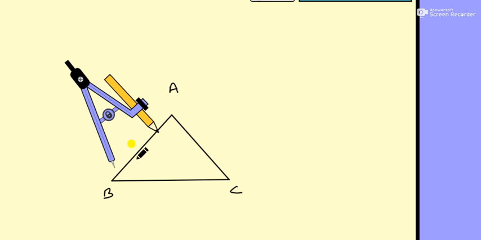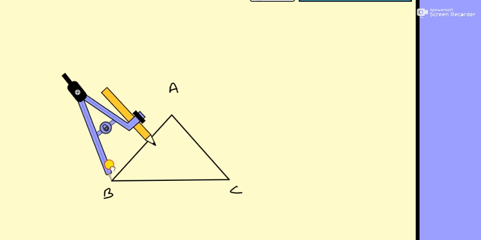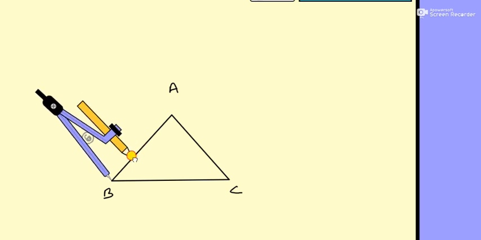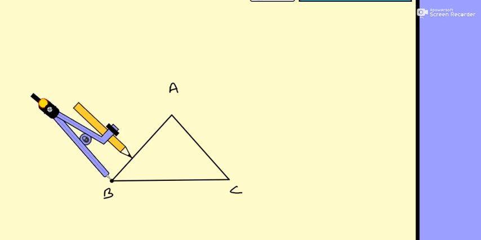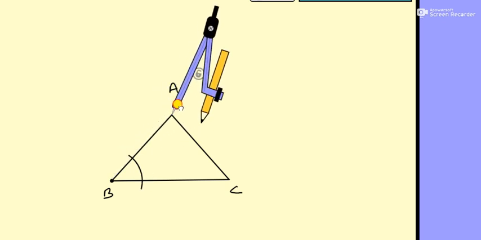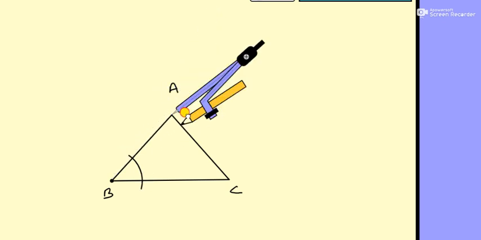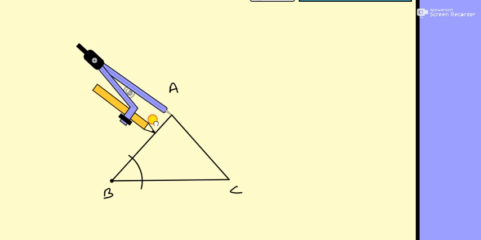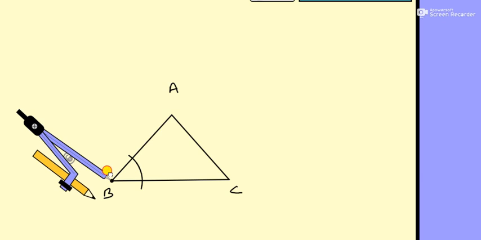So how can we draw the parallel line? First of all, take the roundel here, take the distance here, and make an arc like this. Once again, take the distance here and make an arc like this. That is wrong.